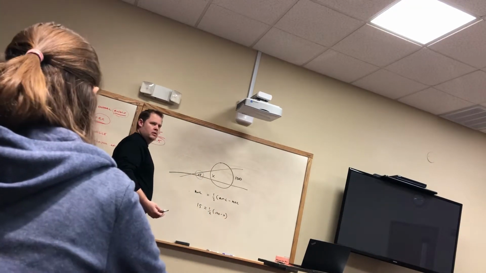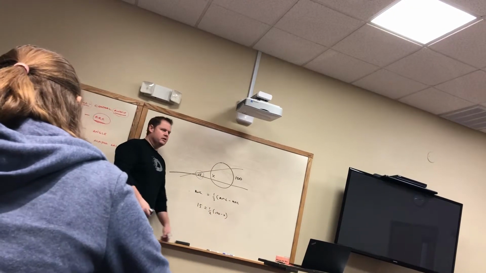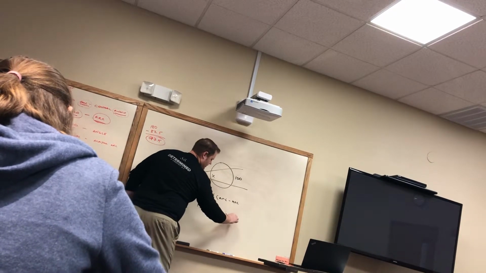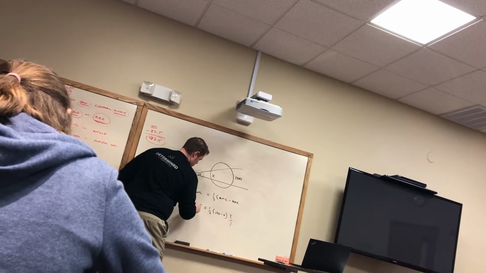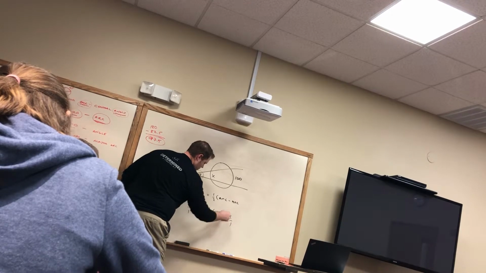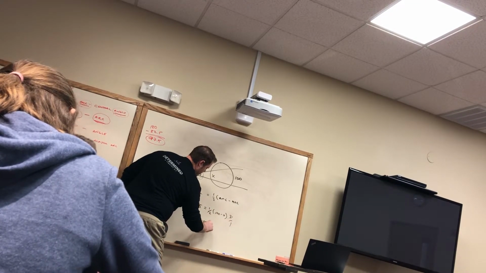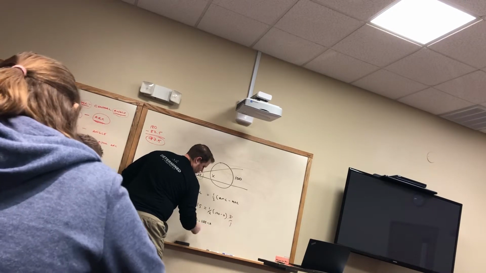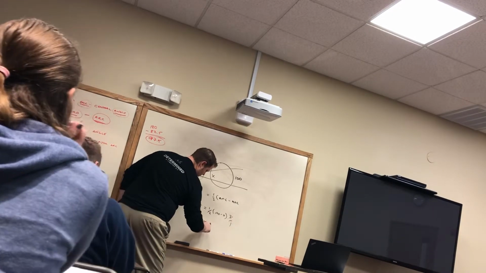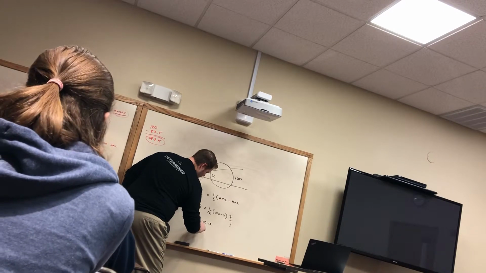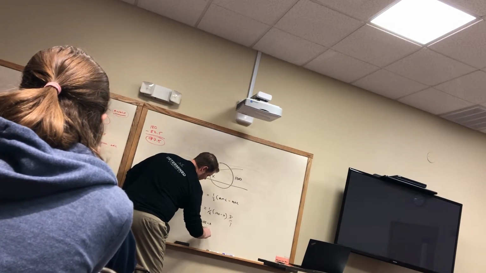So now I just solve. What do I do? Multiply both sides by 2, right? And you're left with 30 equals 100 minus x. Move the 100, which is 70. x equals 70.